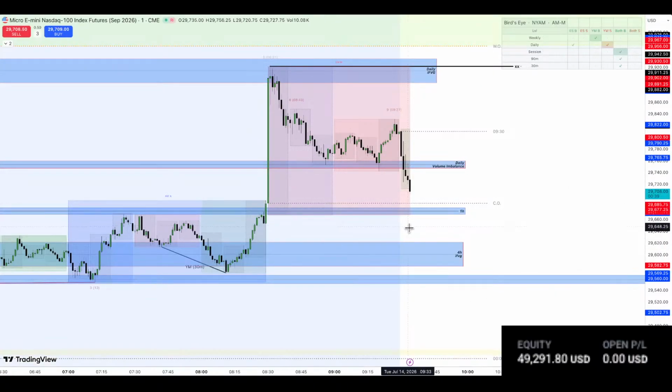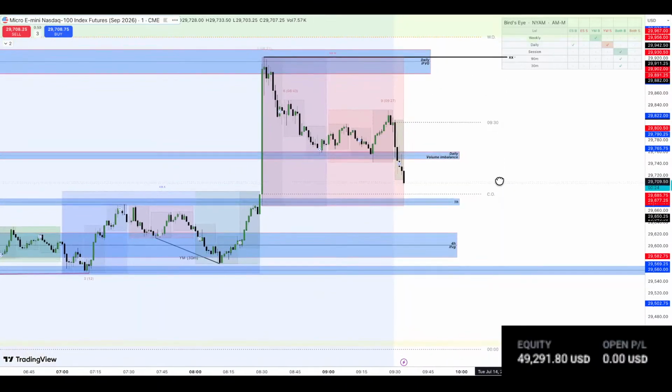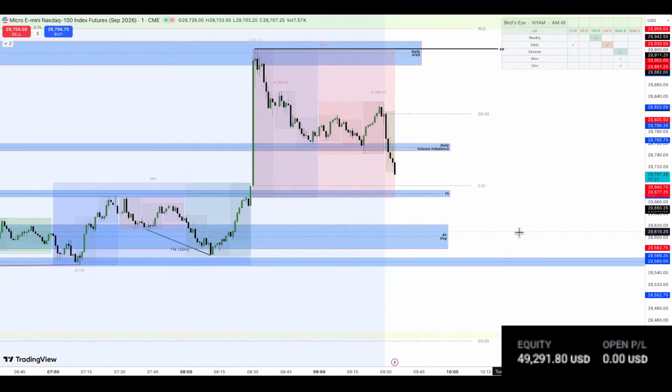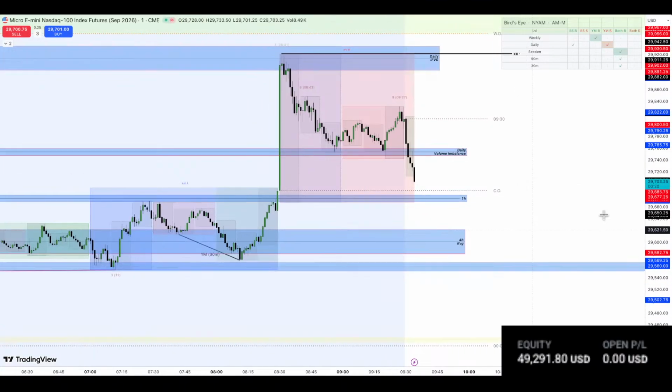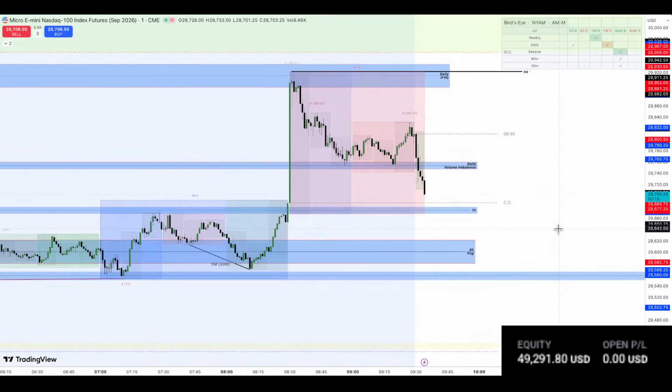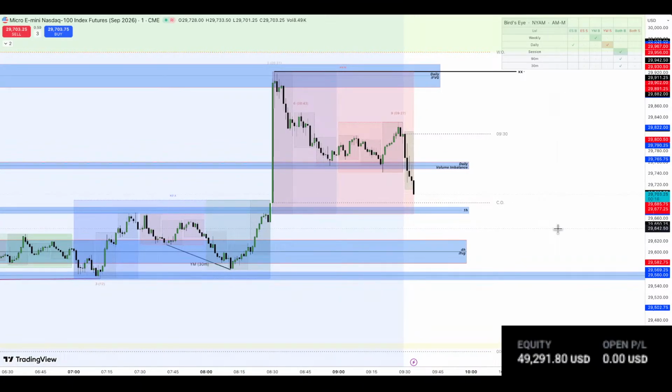Since I have my drawn liquidity set, my objective today is to buy it. I'm looking to buy this maybe before 10 a.m. I'm going to look for a CSD, SMT plus CSD.